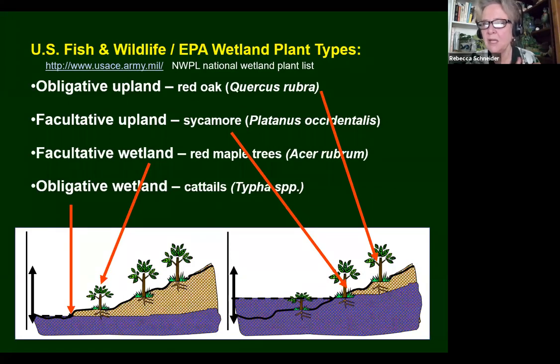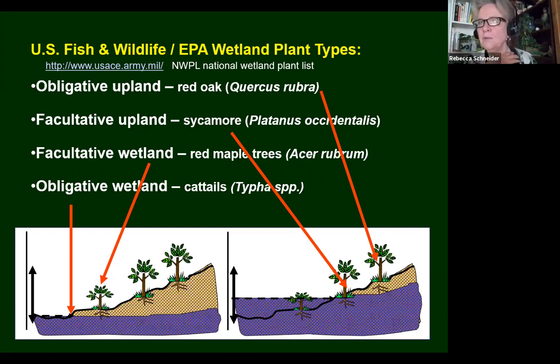But they developed a database for every single plant that occurs in a wetland and whether it is obligate upland, that means it can handle flooding, obligate wetland, which means it has to stay flooded all the time, a facultative wetland, which can handle some flooding, some dry, doesn't matter too much, and facultative upland, which tends to prefer drier conditions but can handle some flooding.